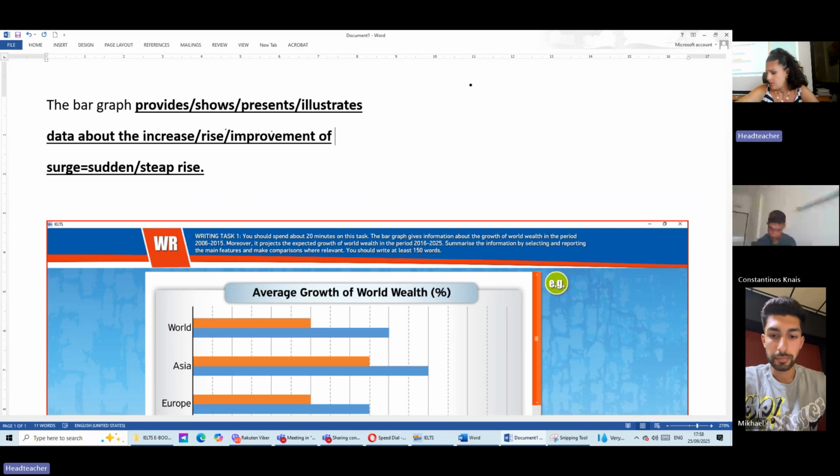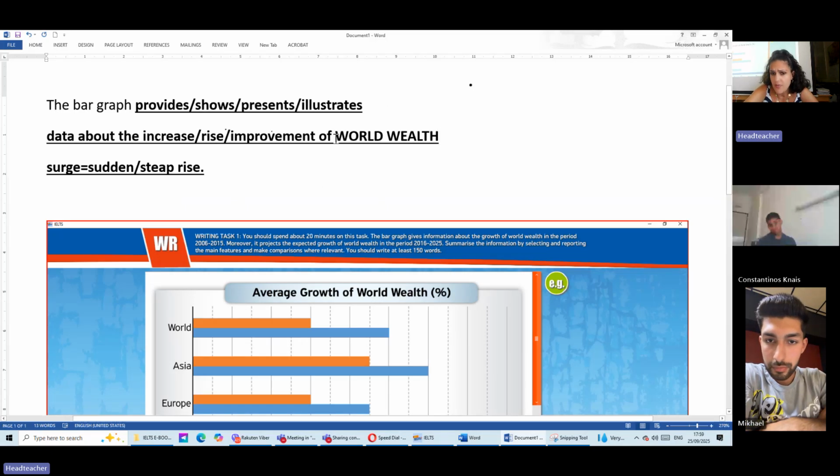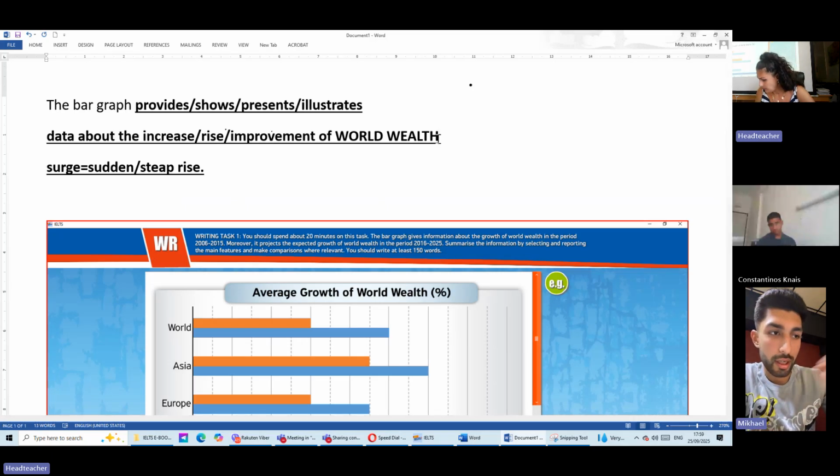Growth of what, people? Growth of world wealth. But I'm going to write it. But I want Michael and everyone else to tell me if they wrote something different. Michael, because you did it, what have you written? The bar graph demonstrates the average percentage growth of wealth between the year 2006 and 2015.